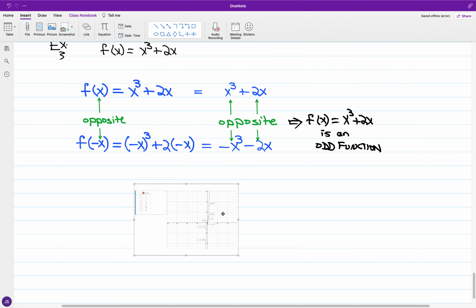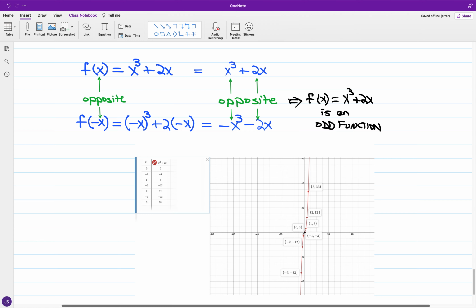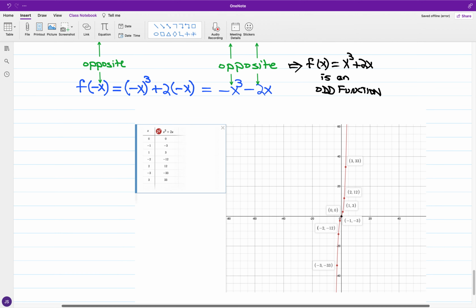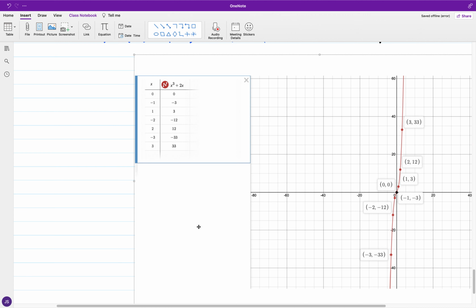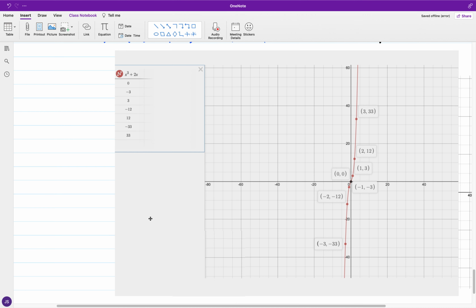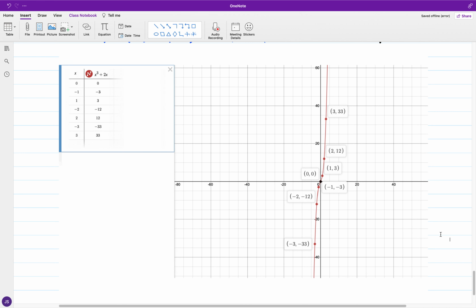For f of x or y equals x cubed plus 2x, you're going to have symmetry with respect to the origin. And I said that opposite sign inputs will lead to opposite sign outputs. I did have somebody ask me where these x and y values came from. Basically, now you have symmetry with respect to the origin.